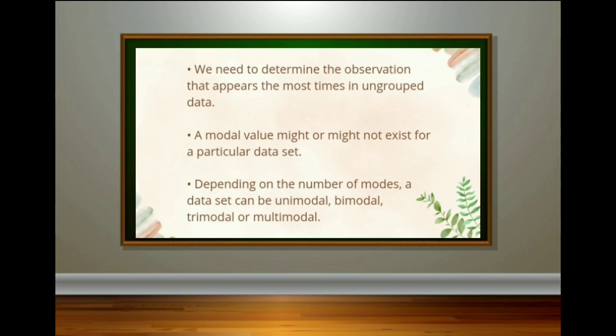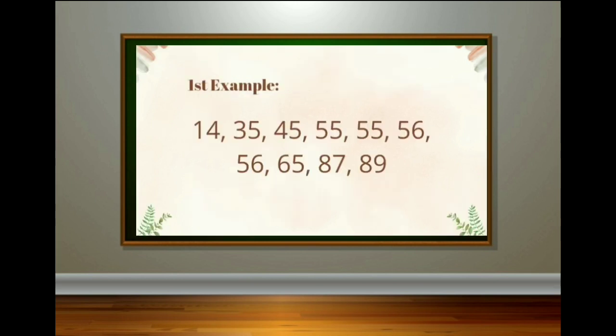We can also find data with one mode, two modes, three modes, or numerous modes based on the data. And the last one, depending on the number of modes, a data set can be unimodal, bimodal, trimodal, and or multimodal. So let's move on to the example.